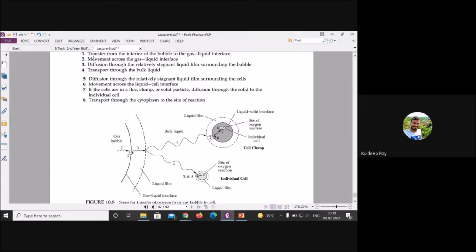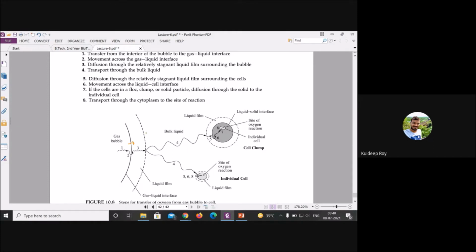Here is the first resistance, the transfer from the interior of the bubble to the gas liquid interface. The oxygen molecule will transfer from this position to this position.